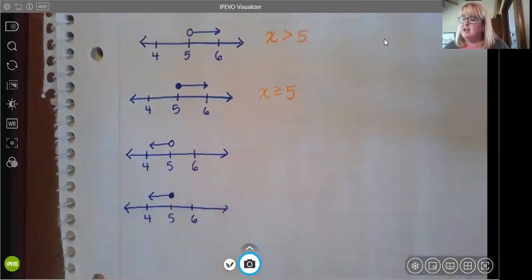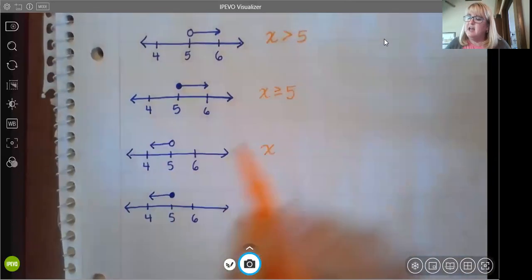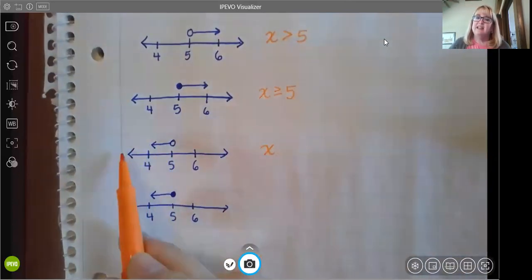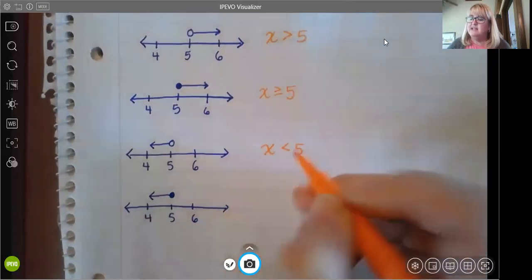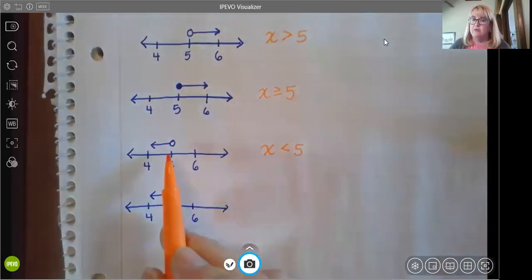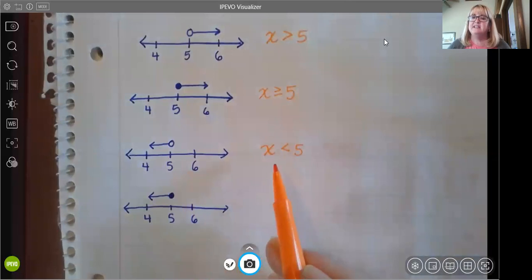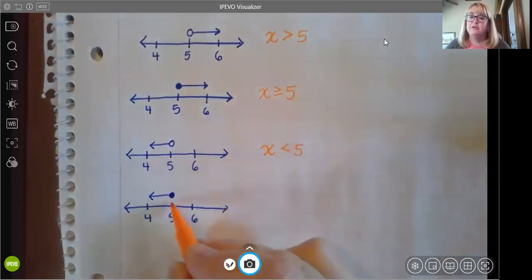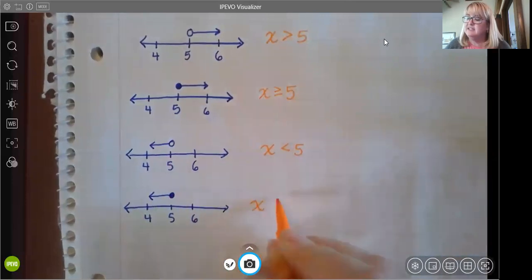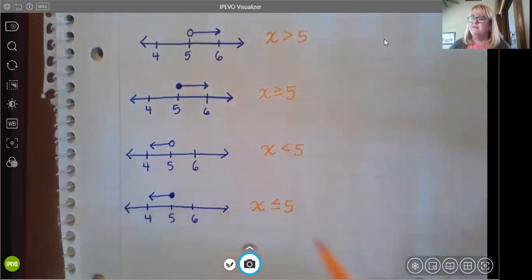Well, we've got x. Now this is pointing to all the numbers less than 5. It is less than 5. And does it include the 5? No. So this is x is less than 5. This one, though, does include the 5 because the circle is closed. So this is x is less than or equal to 5.